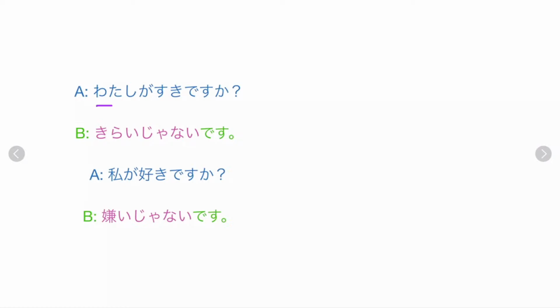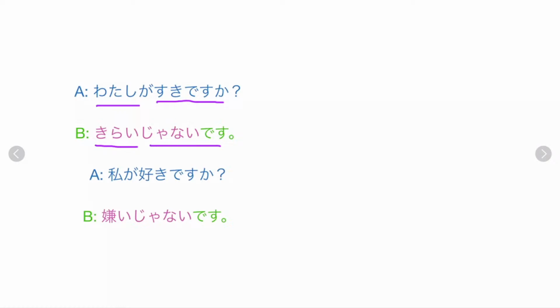If you say, Watashi ga suki desu ka? Do you like me? You can say, Kirai janai desu. I don't dislike you. This is typically what would happen if you asked someone on a date by asking, hey, do you like me? They wouldn't respond with, no, I don't like you. They're more likely to say, well, I don't dislike you.